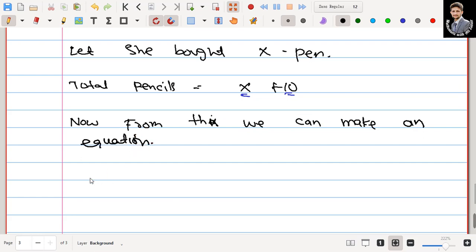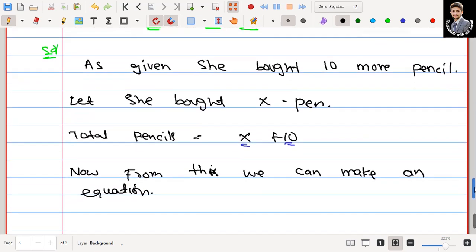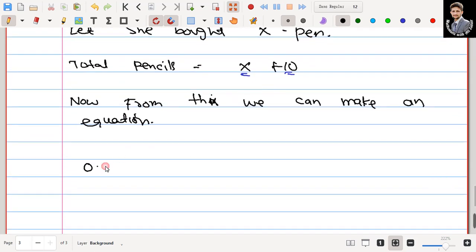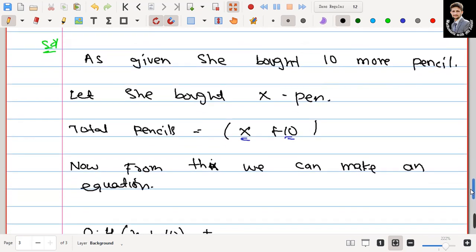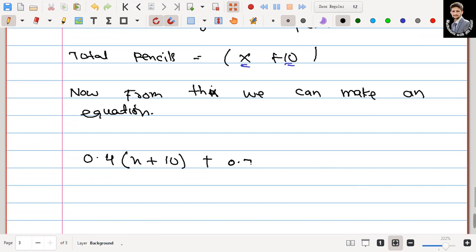What is the price of your pencil? The price of my pencil is $0.4. So 0.4, and what is the quantity? The quantity is x plus 10. X plus 10 is the quantity, plus what is the price of your pen? The price of your pen is $0.75. And what is the quantity? X, that is the quantity of pens.